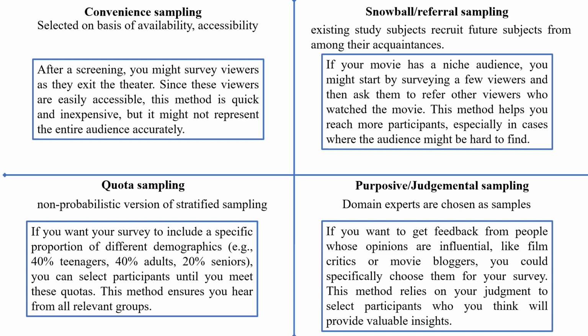Other production offices, other producers will be the domain experts here. So you go and ask those kinds of influential people who are in that field, and you take surveys from them. That is called purposive and judgmental sampling.